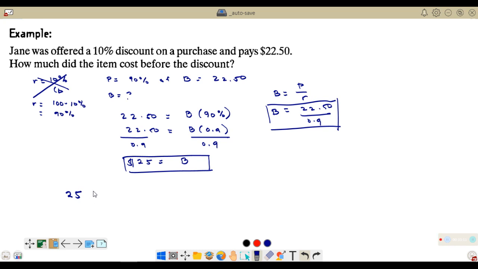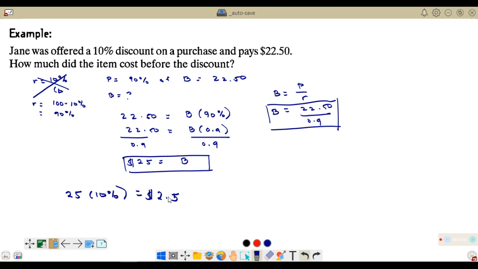So, 25 times 10%, ito yung ibabawas natin from 25. That is 2.5 dollars.